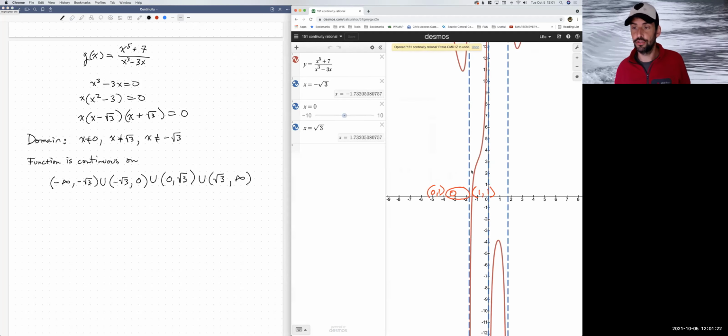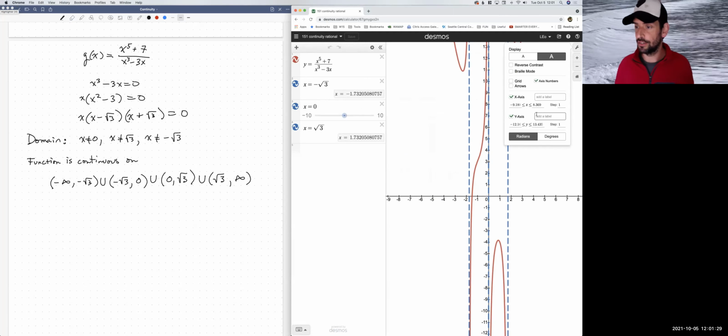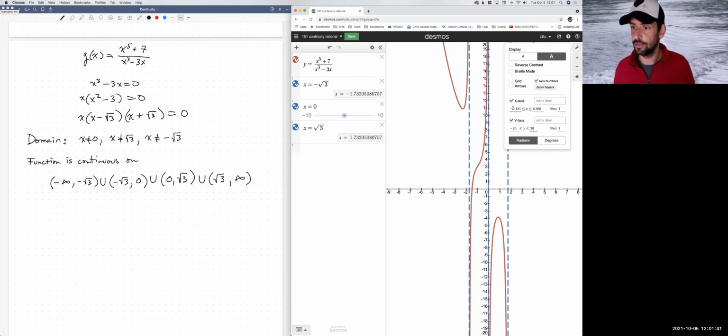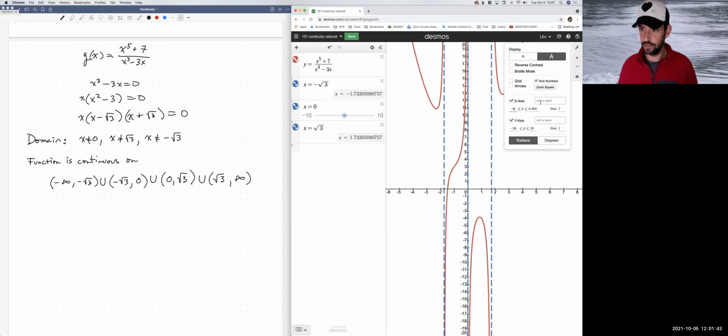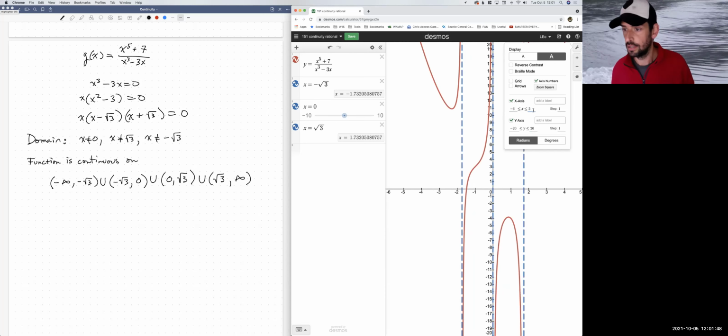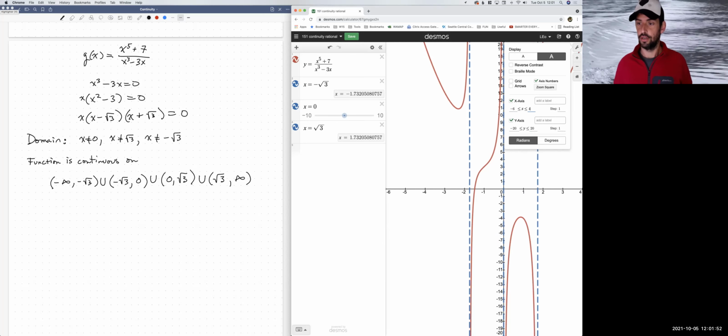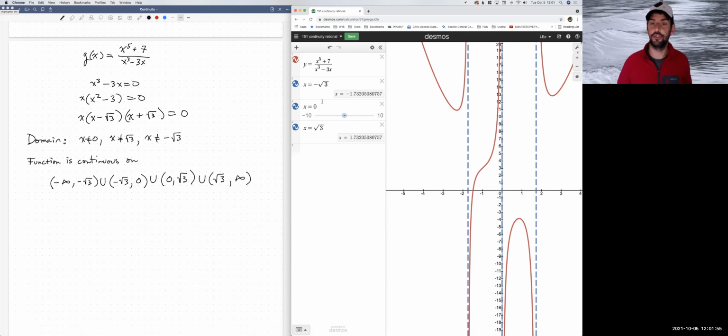So let's finish with a picture. Let's get rid of my notes. All right, so here is our rational function.